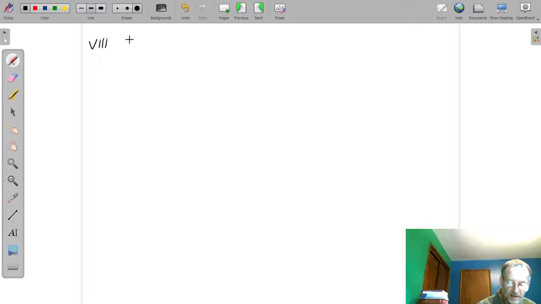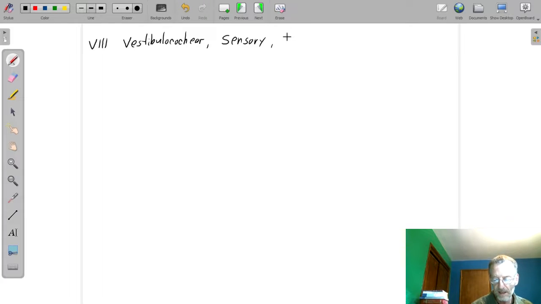Roman numeral 8, and this is the vestibulocochlear. And it is sensory only. And it is for hearing and balance from the inner ear. And then we have 9, which is the glossopharyngeal.